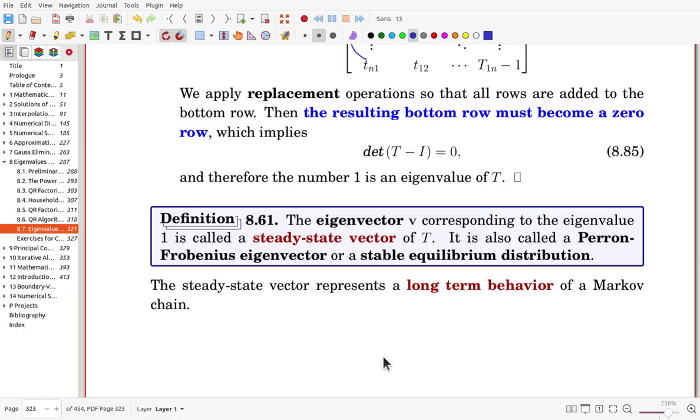Such a steady-state vector represents the long-term behavior of a Markov chain. And because it's not changing in a Markov chain, when the stochastic matrix is multiplied, it's not changing. So that means the steady-state vector represents the long-term behavior, right?